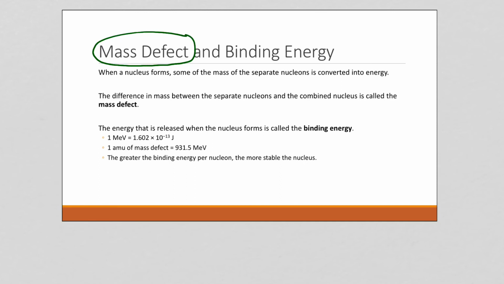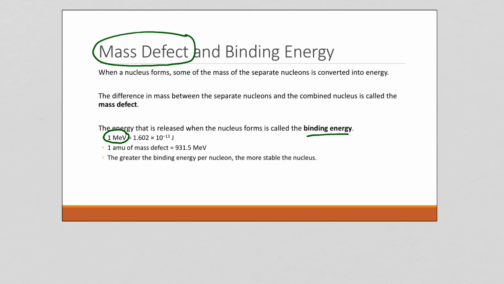Now, the energy released when the nucleus forms is called the binding energy. The units here are sometimes confusing because typical binding energy units are given in mega electron volts, or MeVs. 1 mega electron volt is equal to 1.6 times 10 to the minus 13 joules.